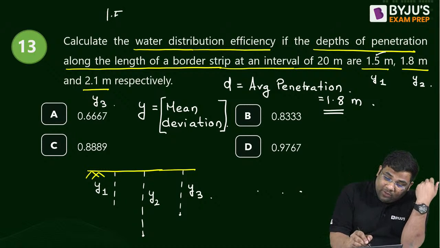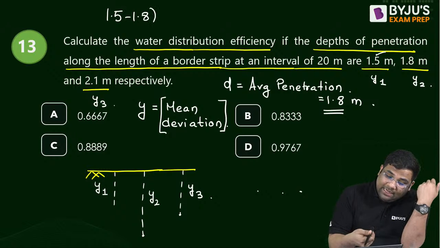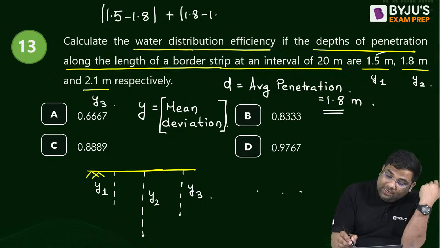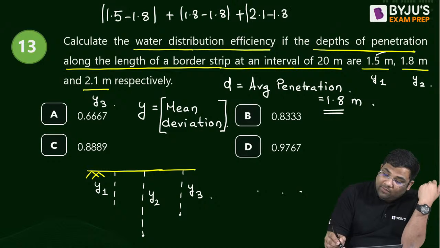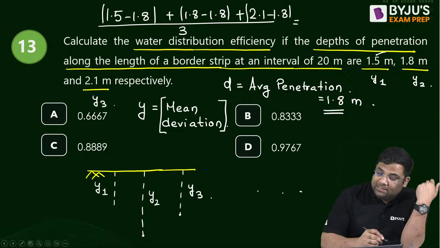So the deviation is 1.5 minus 1.8, I will take the absolute value, then the next is 1.8 minus 1.8, and the last one is 2.1 minus 1.8, then divided by 3. So we are getting this as 0.2, na?